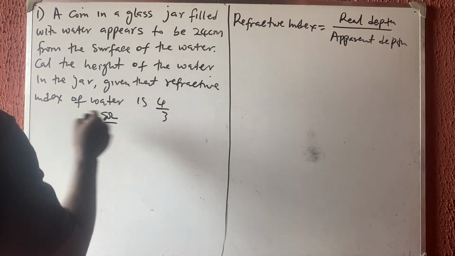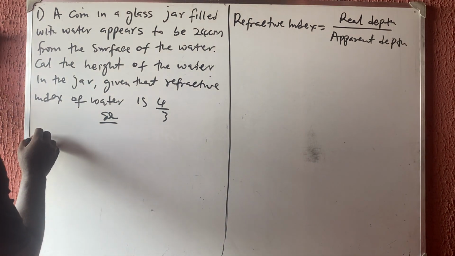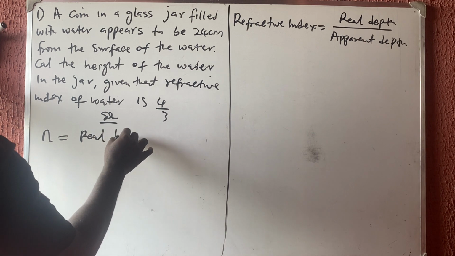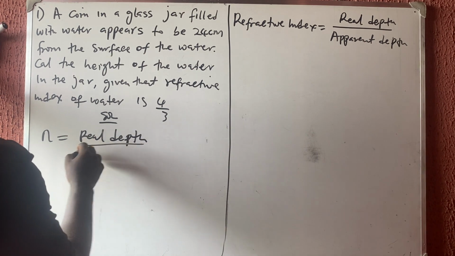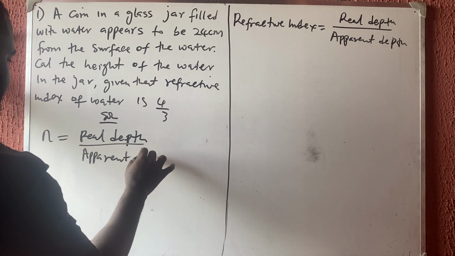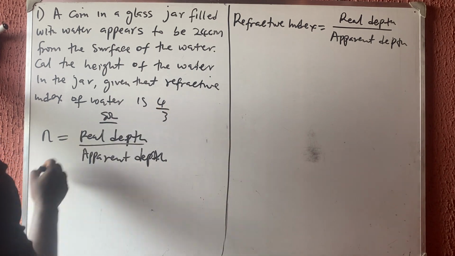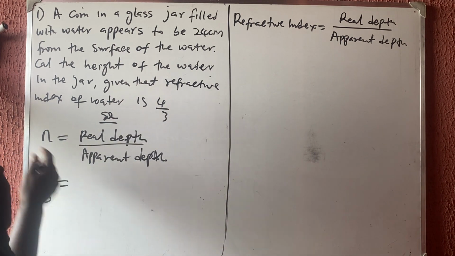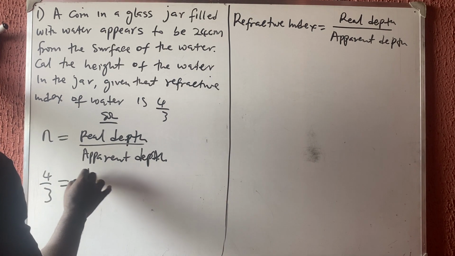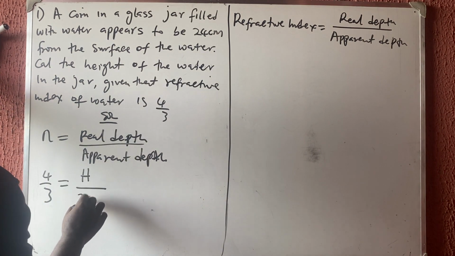This is a very simple question to solve. If you know this formula I've written there, refractive index is equal to the real depth over the apparent depth. So what do we have? They gave us that the refractive index is 4/3, equal to the real depth, which is the height of the water, h, over the apparent depth, which is 24 cm.